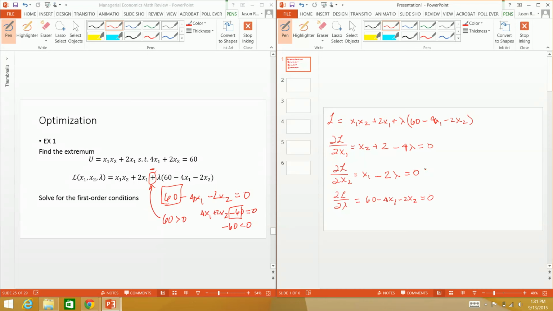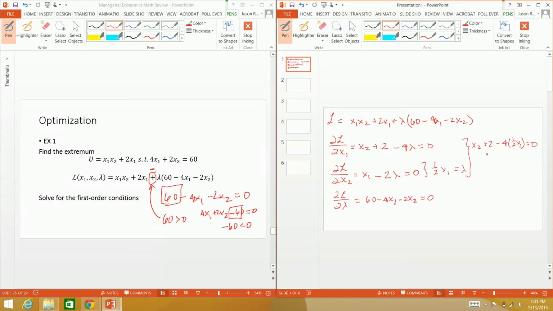So the very first thing that I might accomplish here is eliminating lambda. And I can do that through our first equation. So I know that 1/2 x1 is equal to lambda. And so now I can combine these two conditions so that I have x2 plus 2 minus 4 times 1/2 x1 is equal to 0.